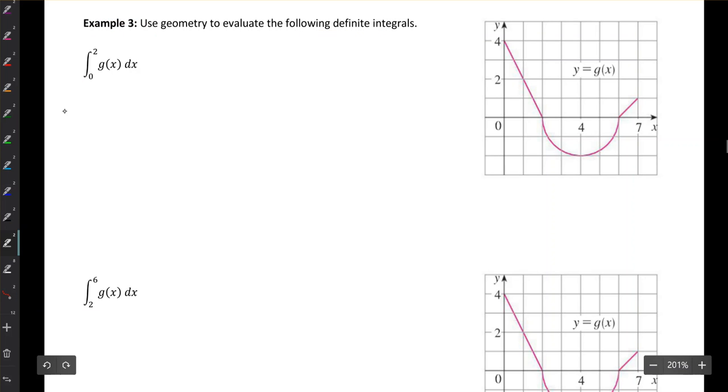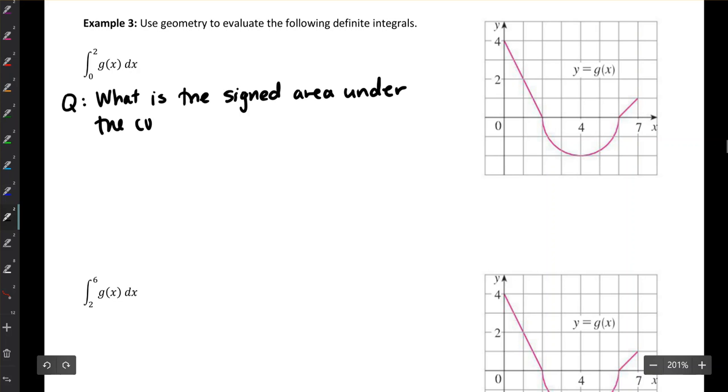So the question is, what is the signed area under the curve g of x bound by these vertical lines x is 0 and x is 2.